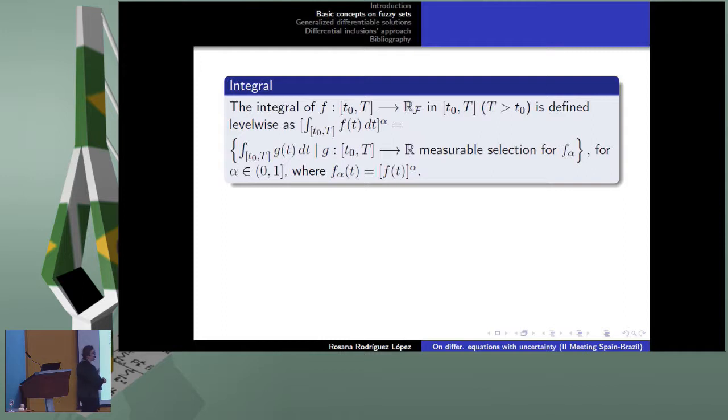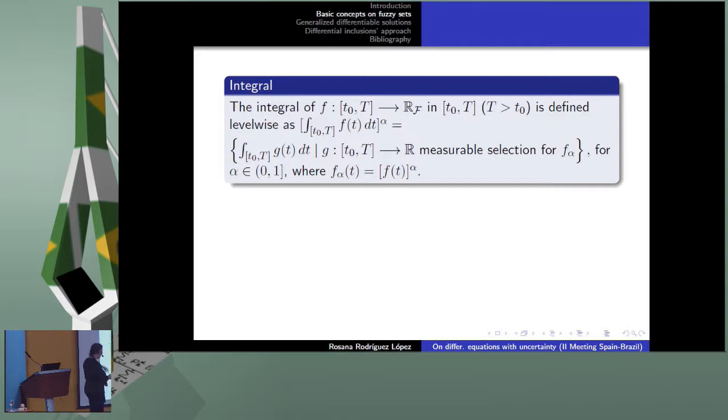The definition of the integral is quite simple. If you have a function defined on a compact real interval with values in this space of fuzzy intervals, it can be defined level-wise as the integral of the measurable selections of the level sets. I mean, we are proceeding level-wise.